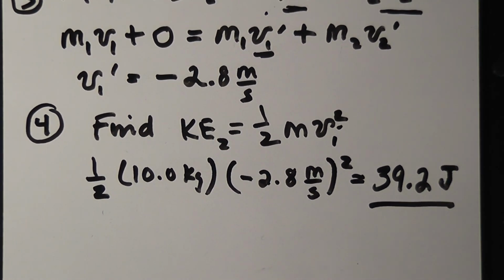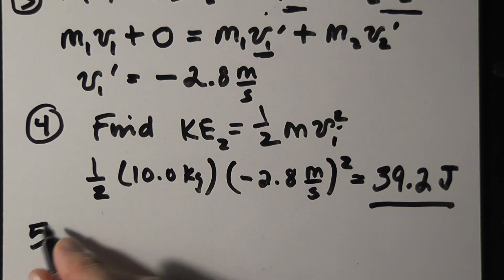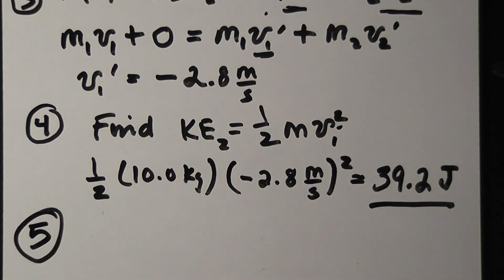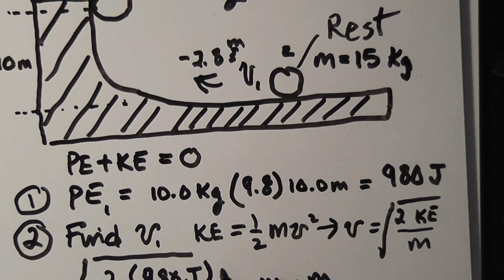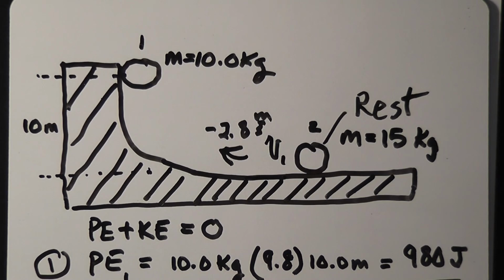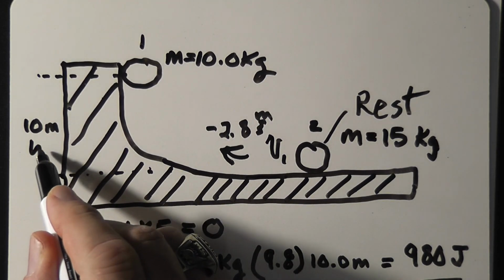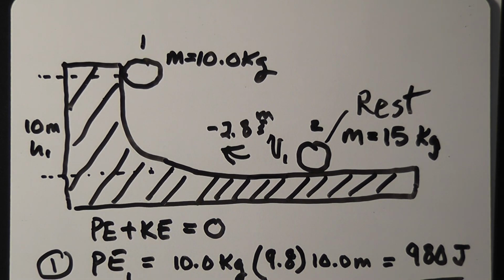Okay, so this is step 5 in the problem. To calculate it, we need to find H2. So we look at this height, this is H1, where it's being dropped from.